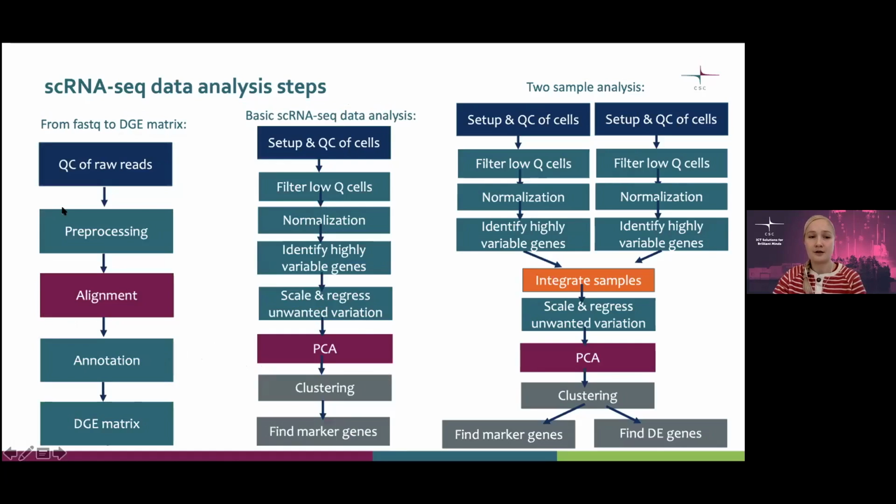So in short, this is possible to do in Chipster, but usually you don't have to do this. Usually you start from this digital expression matrix, and these are the 2 analysis types that will be covered in the course.